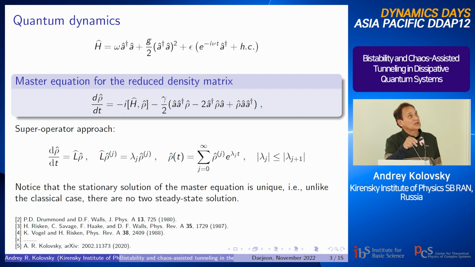This is simple stuff, but then you have to introduce the friction. One does this by coupling the quantum oscillator with a Markovian reservoir. After eliminating the bath degrees of freedom, you come to this master equation for the density matrix of our system.